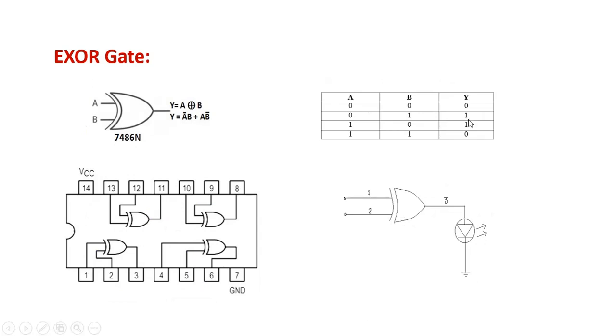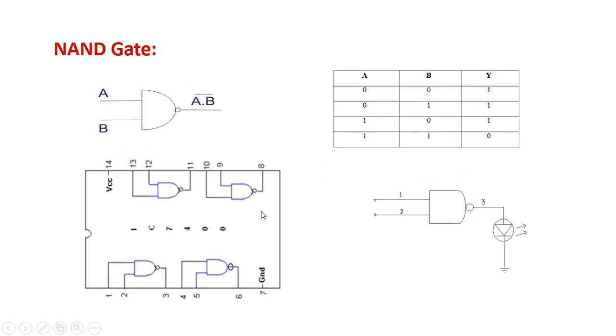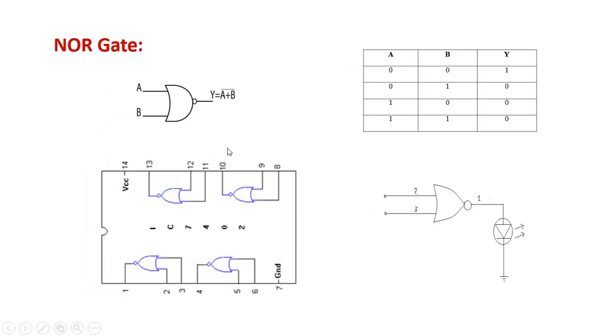The XOR gate gives high only when both inputs are dissimilar. Then XNOR, which is XOR followed by NOT. Next, NAND gate, which is AND followed by NOT. And then NOR gate, which is OR followed by NOT.